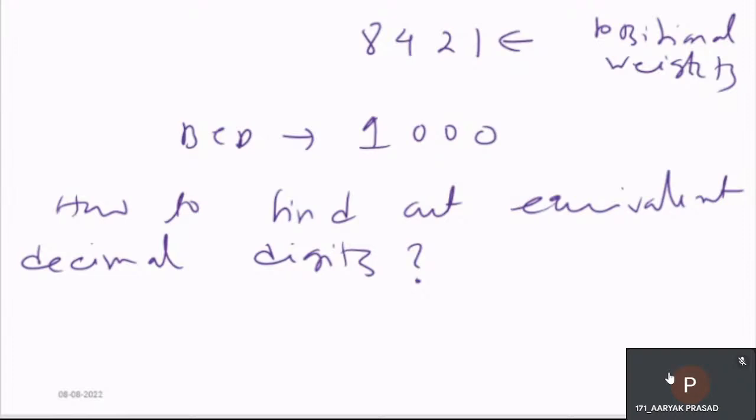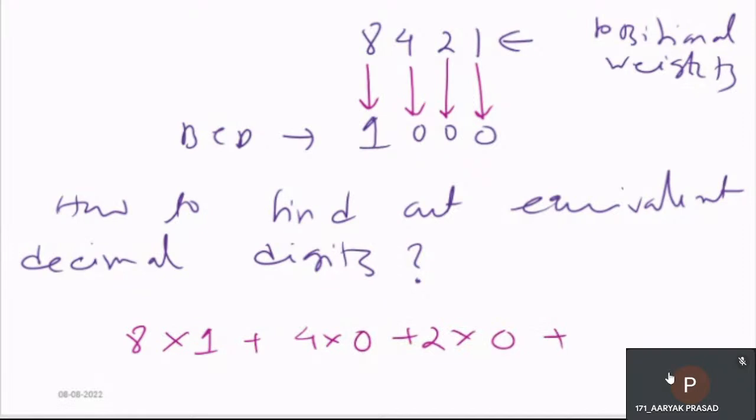You see, here this 8 will be multiplied by 1, plus 4 will be multiplied by 0, plus 2 will be multiplied by 0, and 1 will be multiplied by 0, and finally the equivalent decimal digit is 8. Okay, so these are the positional weights, and this is the methodology to find the equivalent decimal digit.